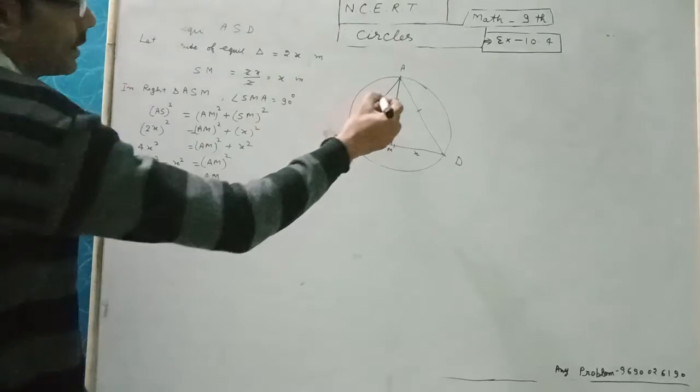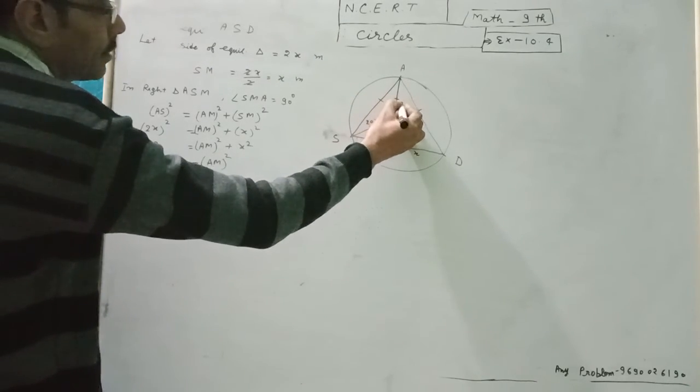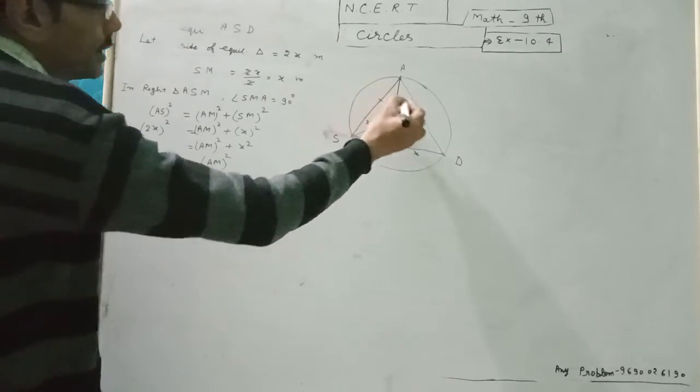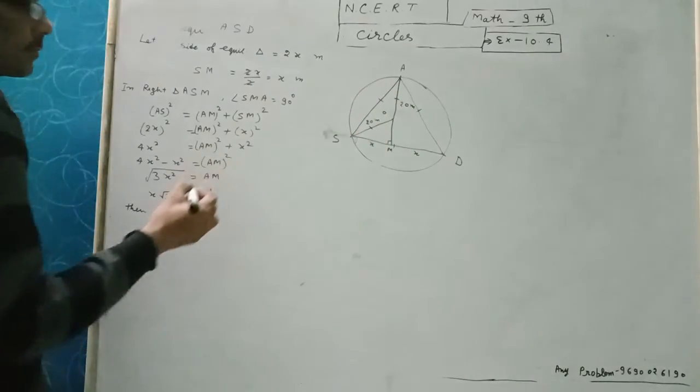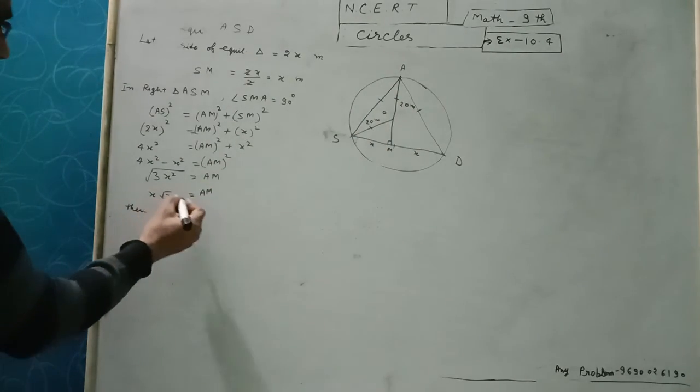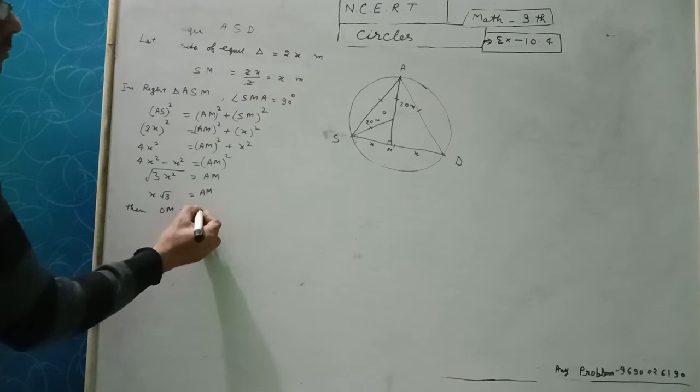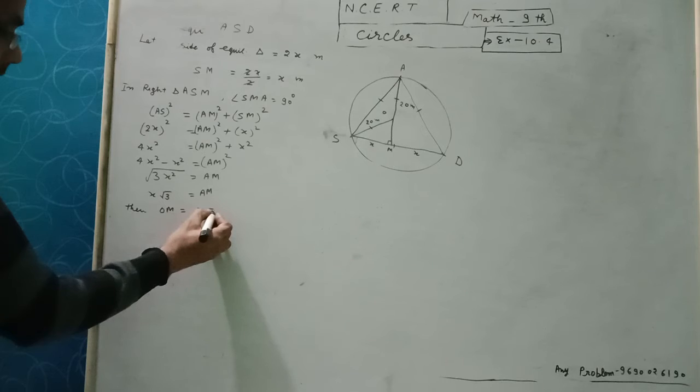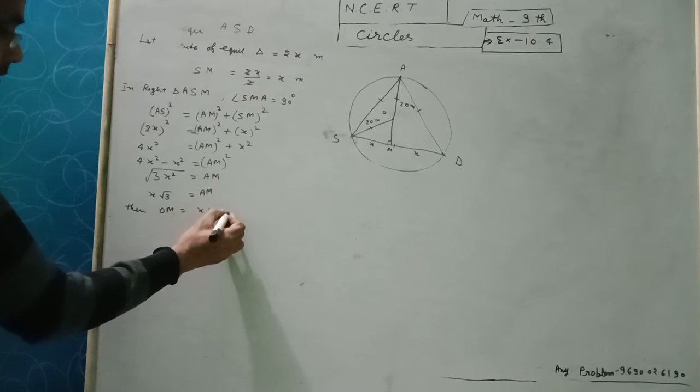Then OA is equal to the radius, 20 meter. So then OM is equal to x under root 3 minus 20.